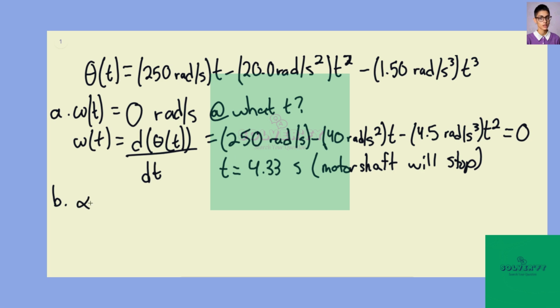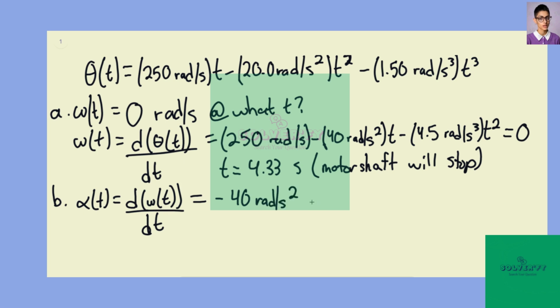So angular acceleration alpha of t is going to simply be equal to the derivative of the angular velocity with respect to time. And this is going to be equal to negative 40 radians per second squared, minus 9.00 radians per second cubed times time.